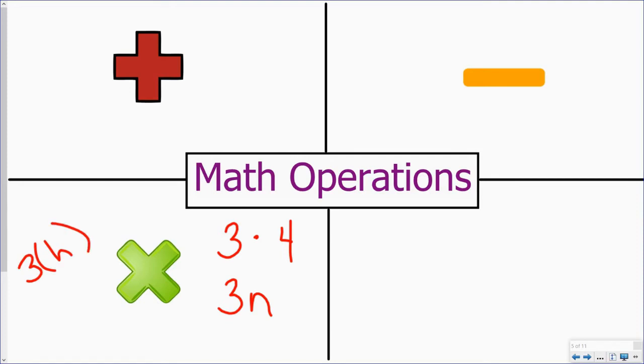So there's no sign there, so that would mean 3 multiplied by whatever is inside the parentheses. And then we have division, where we're separating those groups up a little bit. And we could also write division as a fraction, so 6 divided by 5.